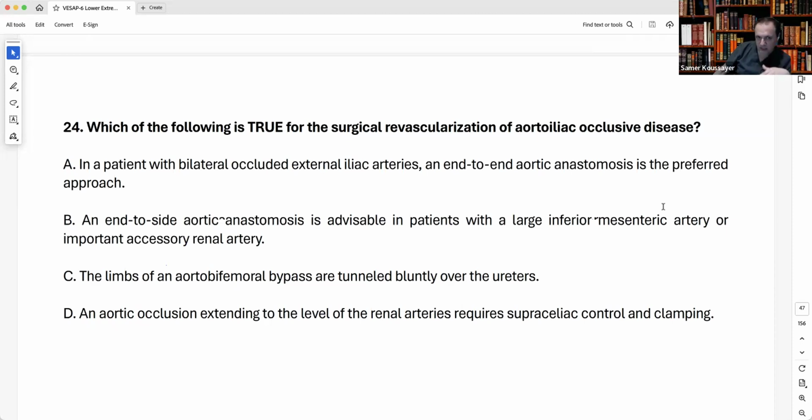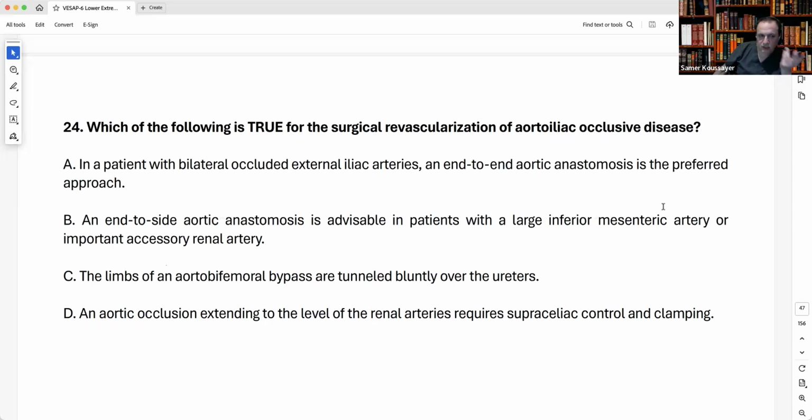So the aorta, common iliac and internal iliac are open. If you do end-to-end, you get the flow to the femoral, but there's no flow to the internal iliac because the external artery is occluded. So in this scenario, you have to do end-to-side because you want to keep the flow down to the internal iliac through the aorta and both common iliac arteries. You follow me?